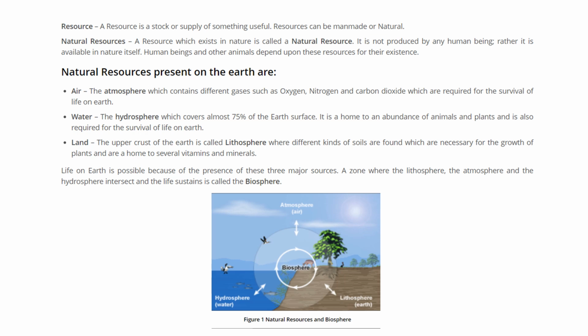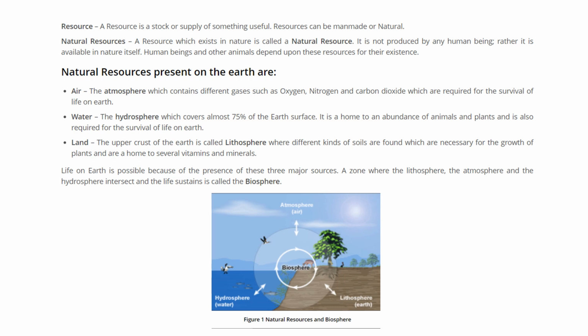So what is the definition of biosphere? Life on earth is possible because of the presence of these three major resources. A zone where the lithosphere, atmosphere, and hydrosphere intersect and life sustains is called the biosphere. You can see in the image there is interaction between the lithosphere, air, and water, that is the atmosphere and hydrosphere.